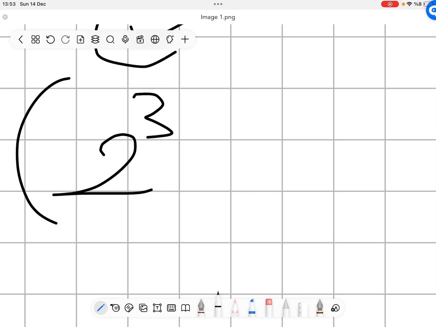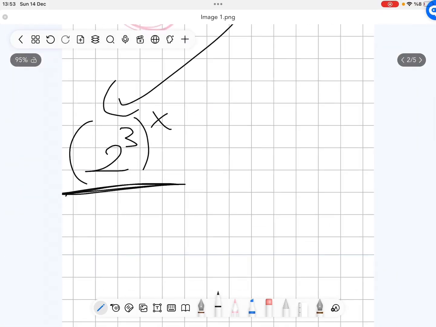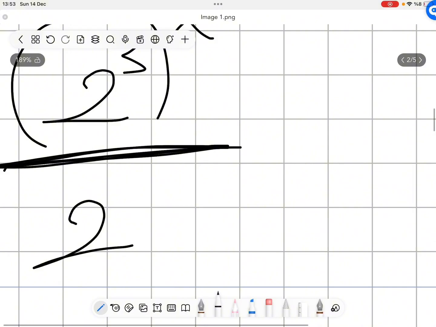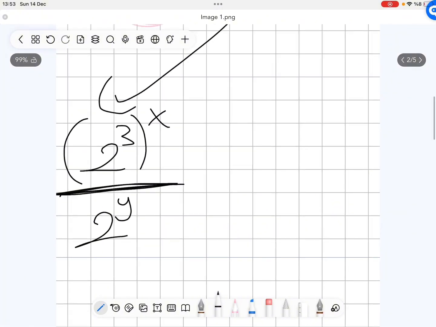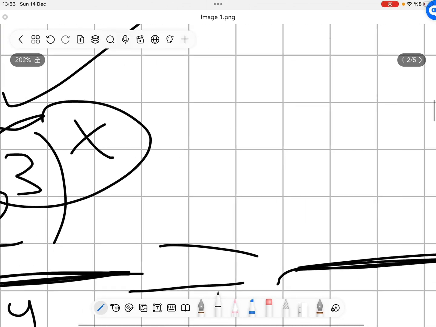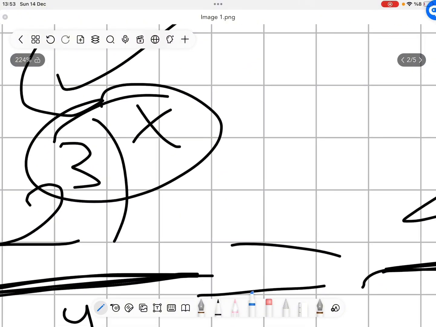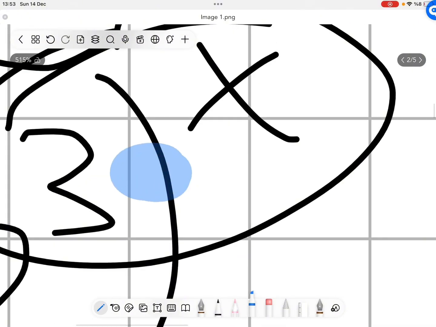2 to the power of 3, it's actually 8, to the power of x, divided by 2 to the power of y. And I can see that this is equal to 2 to the power of 3x, because it means 3 times x or x times 3, it doesn't change.